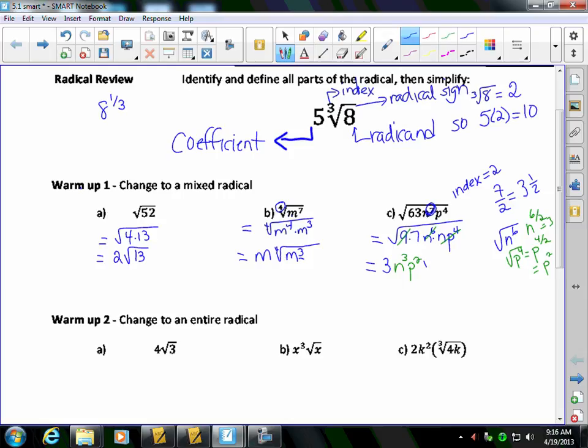So what I'm left with inside here will be a 7n. Okay.